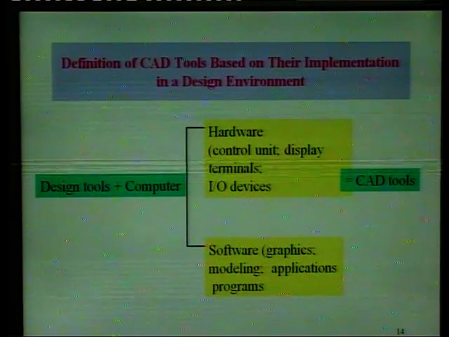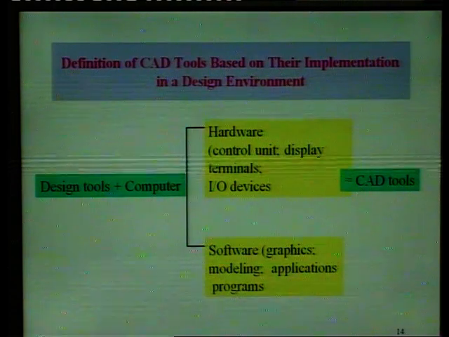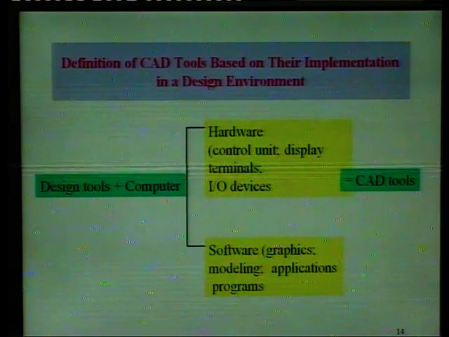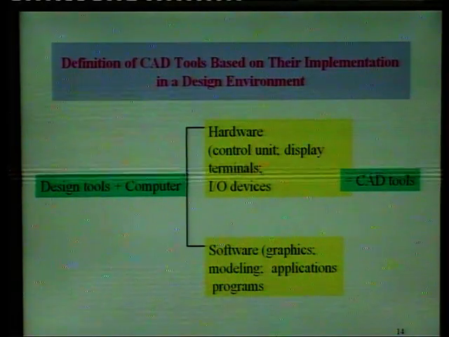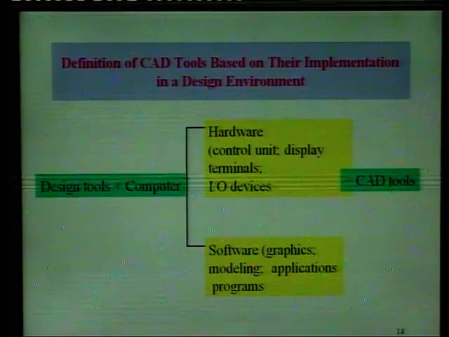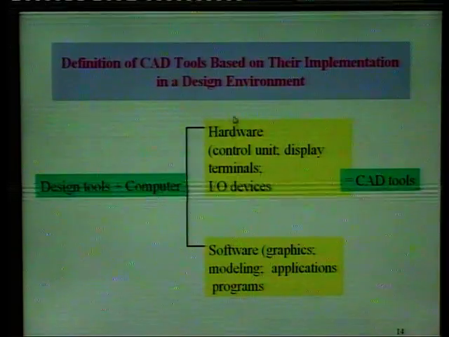Definition of CAD tools based on their implementation in a design environment. CAD tools are a combination of design tools and computers. Design tools and computers can further be classified into hardware and software.